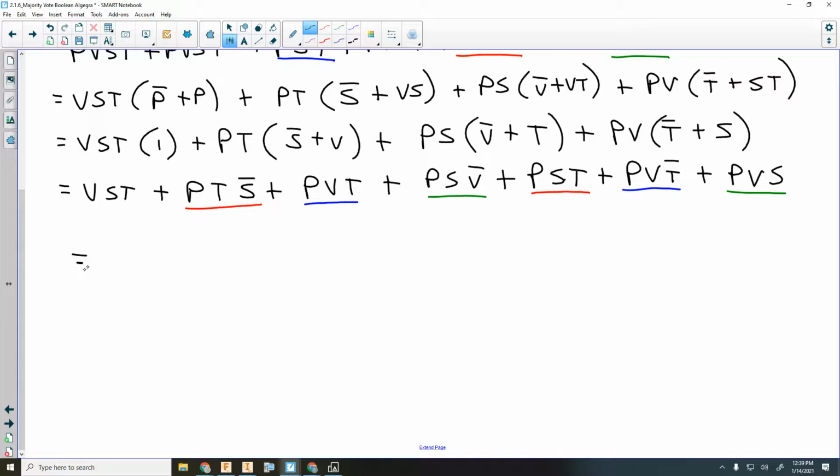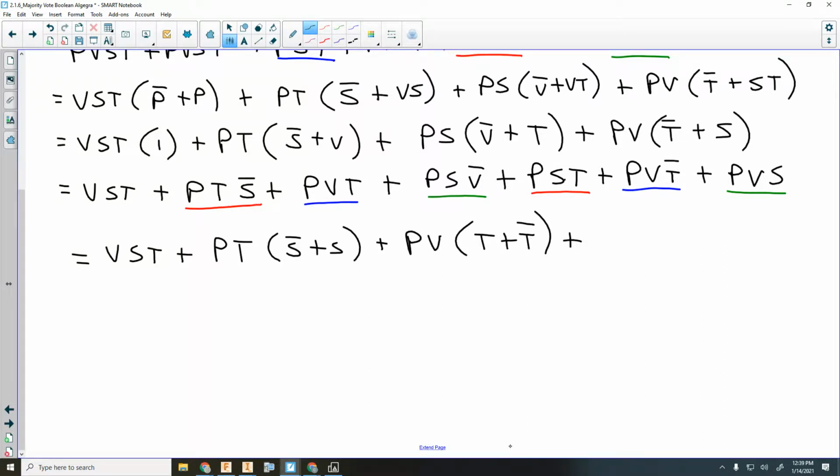So let's see, that would be then, we would have VST. Or if we look at my red groups, I can take out P, T, and S naught or S. In my blue group, I can take out PV and T or T naught.